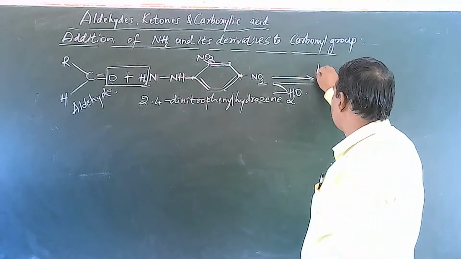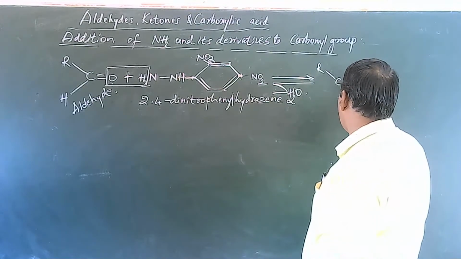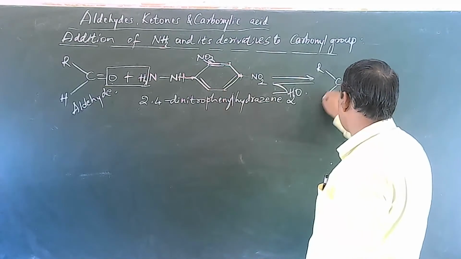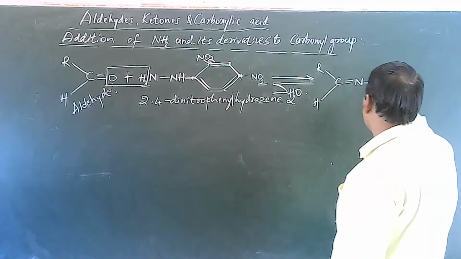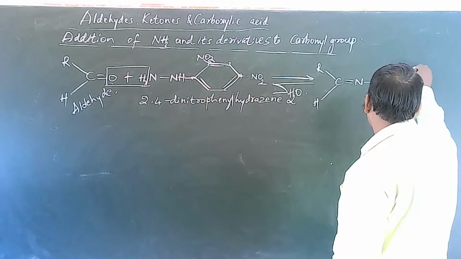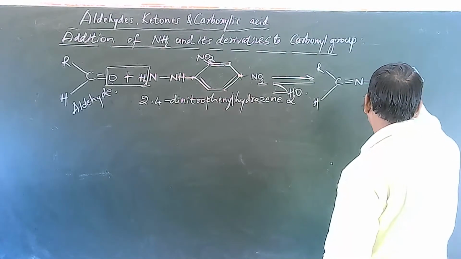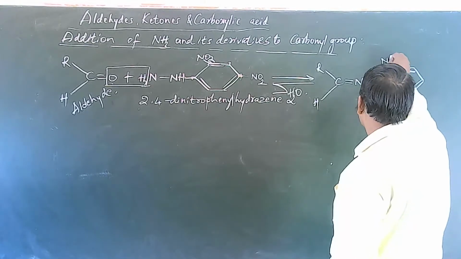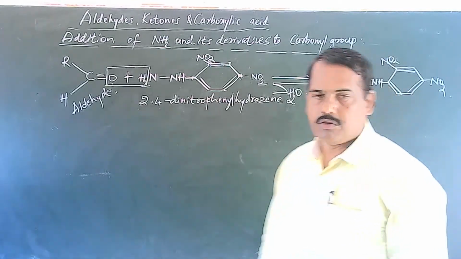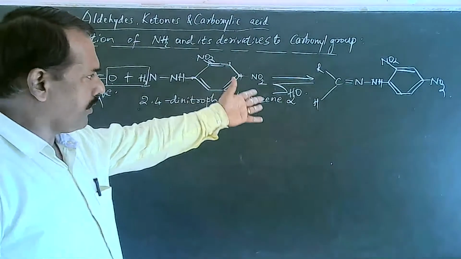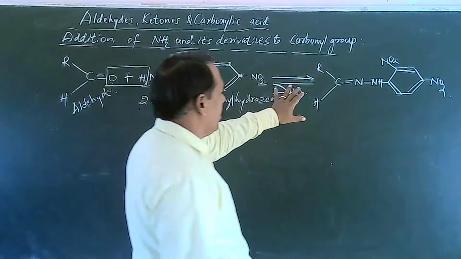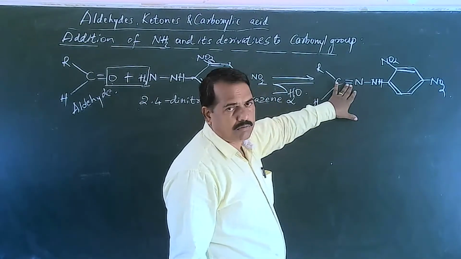The C double bond N, then NH, with the dinitrophenyl ring bearing NO2 and NO2. Are you clear? 2,4-dinitrophenylhydrazone is obtained. The only thing here is the carbon to nitrogen double bond.